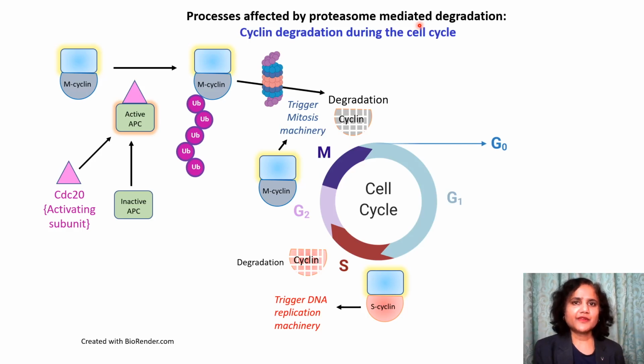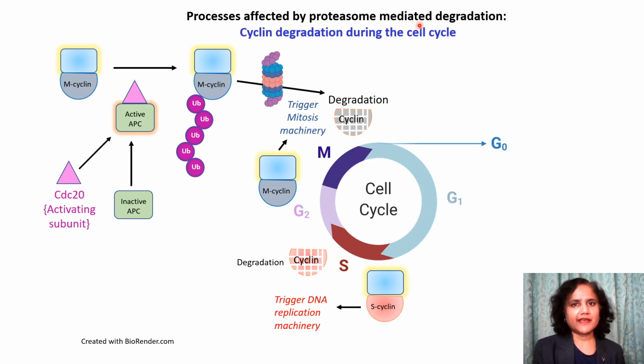One of these substrates is the protein PDS1, which is not shown here. PDS1 is a regulator of the metaphase to anaphase transition. It gets degraded upon ubiquitination by APC, and when it's degraded, it releases separase, with which it was forming a complex.